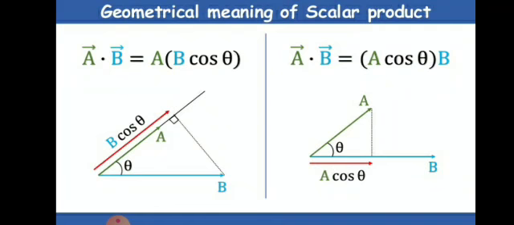You can observe here, the first one is the projection of B on A. The second one is the projection of A on B. That can be written as vector A dot vector B is equal to A times B cos theta. So it is a projection of B on A. In the second diagram, A dot B is equal to A cos theta times B. It is a projection of A on B.